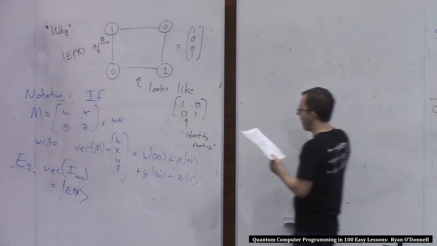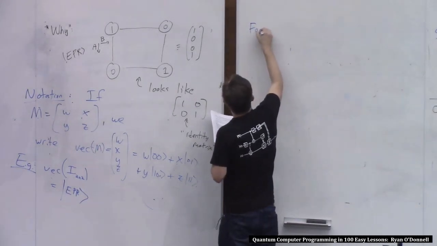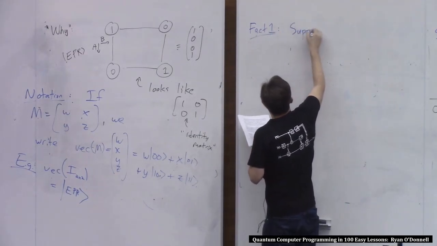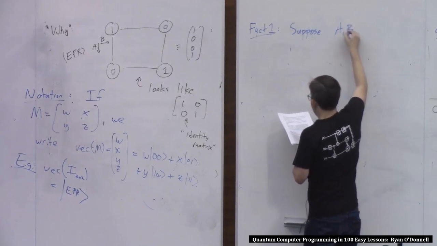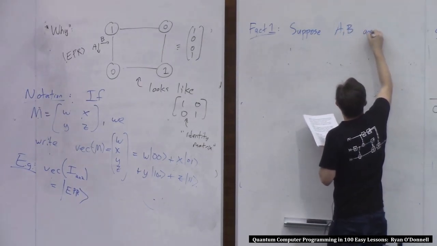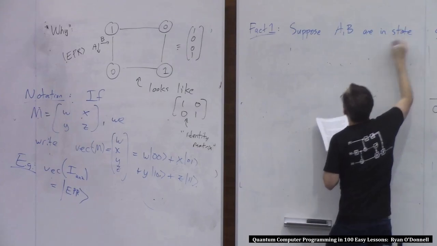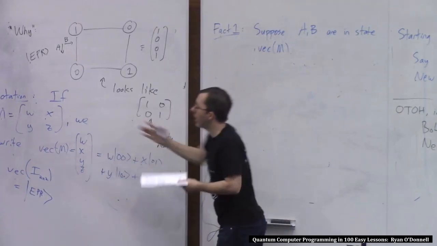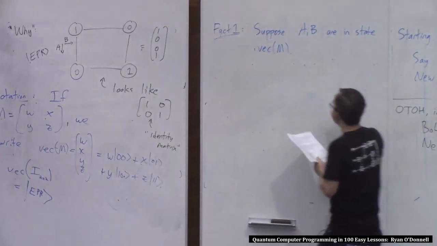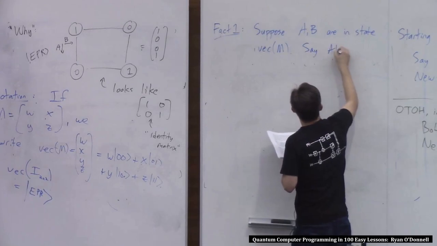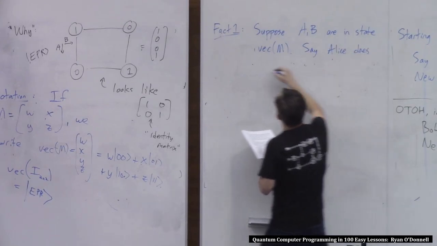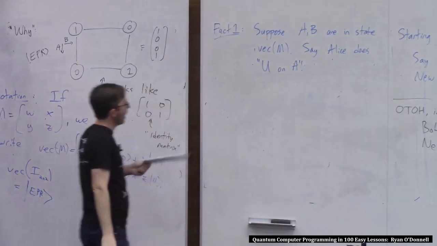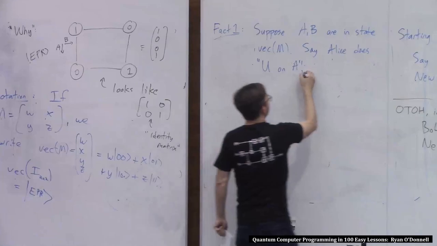To explain what I mean by that, I'm going to write down what I'll call fact 1. Suppose you have 2 qubits, A and B, in the state vec M. So they're in some state W, X, Y, Z, but it's the vec of the matrix M. And now say Alice does the unitary operation U on A. U is a 1-qubit unitary.